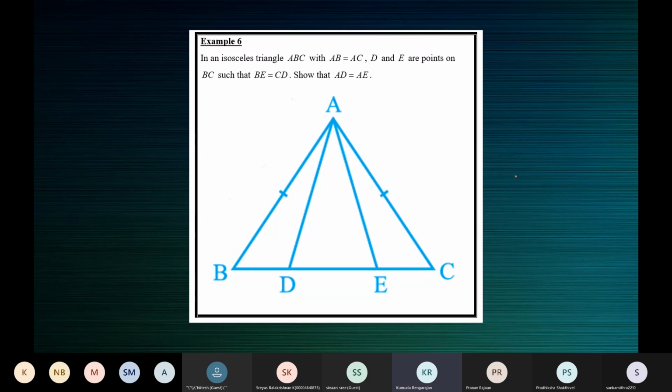Yeah, tell me. Ma'am, triangle ABD and triangle ACE. Correct. ABD, ACE. Ma'am, in this AB is equal to AC as they have given. Yeah, one minute, let me just draw them.